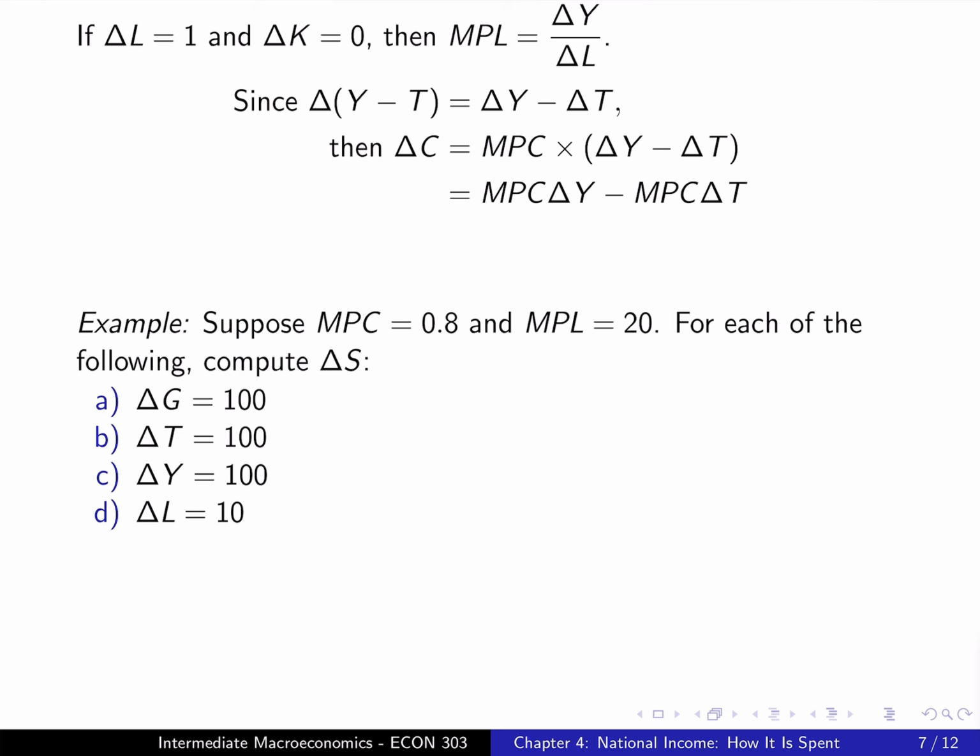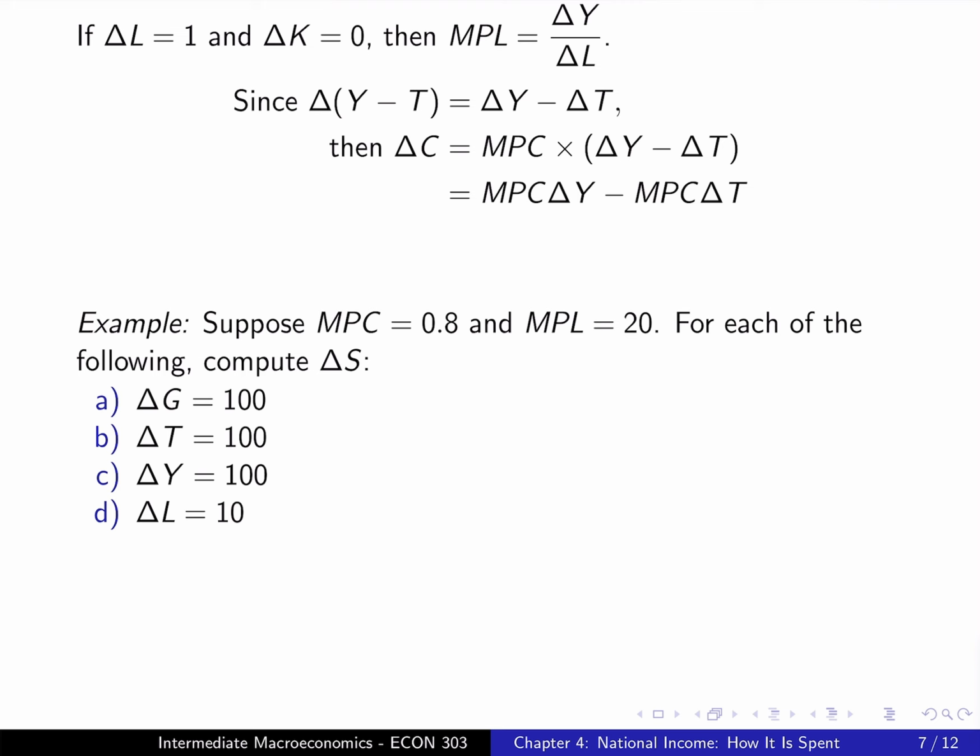Then MPL equals delta Y over delta L. Also remember that delta (Y minus T) equals delta Y minus delta T. So the change in consumption is delta C equals MPC times (delta Y minus delta T). That equals MPC times delta Y minus MPC times delta T.